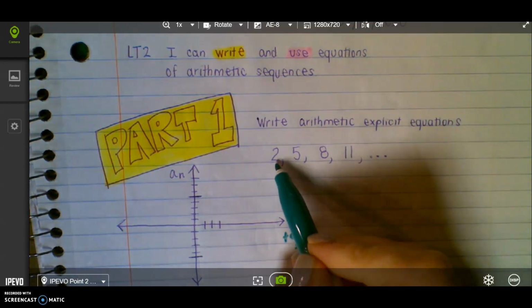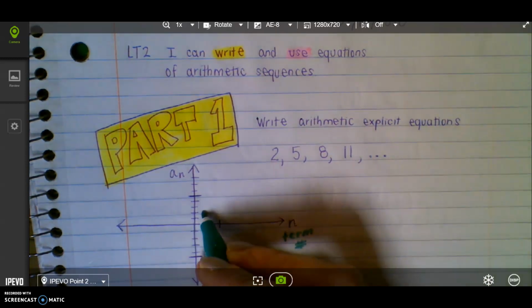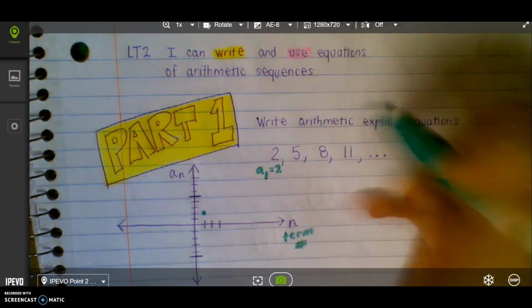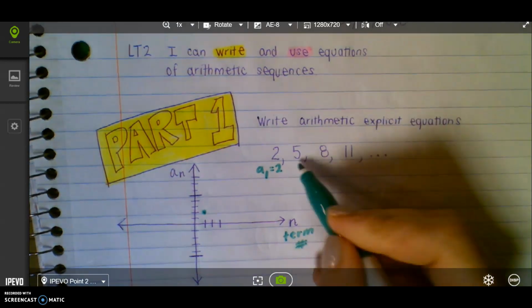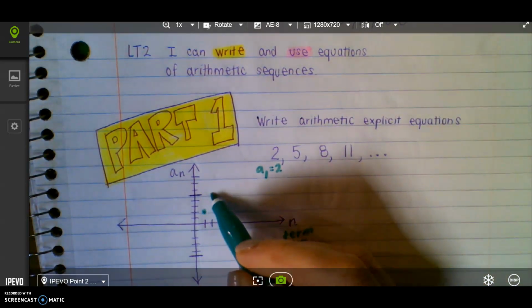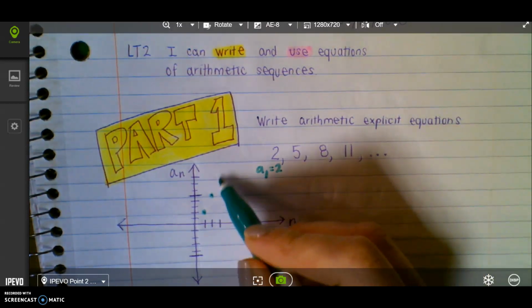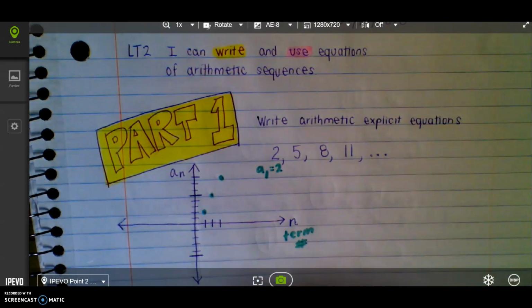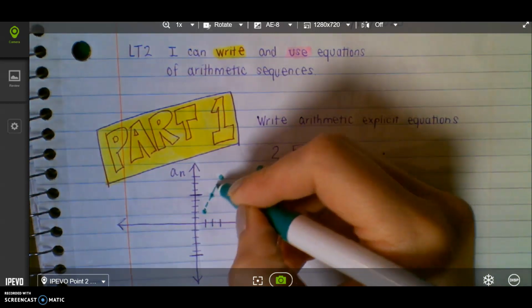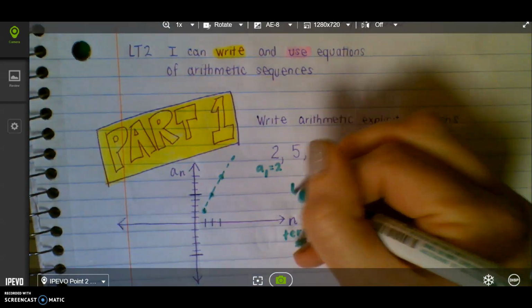Because 2 is the first term, the point that I would plot is (1, 2), because a sub 1, the first term, is 2. a sub 2 is 5. a sub 3 is 8. I don't have room on my graph, but a sub 4 is 11, and hopefully you all see now that an arithmetic sequence, when plotted on a graph, is linear.